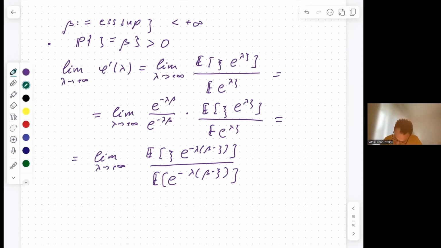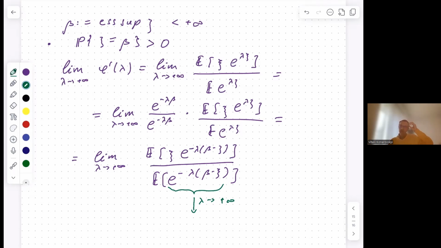when you consider the limit of the exponent, when lambda goes to plus infinity, you will see two possibilities. You remember that beta is the maximal possible value. We take the essential supremum, but after that we compute the expectation. Therefore, some values of Xi which are taken with probability 0 don't play any role, and you can remove them.